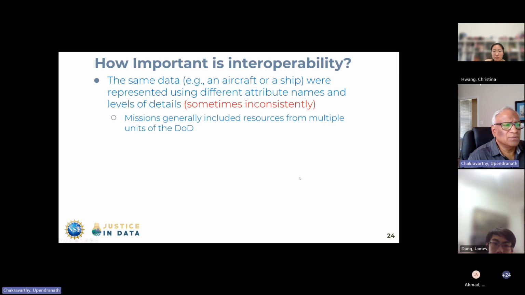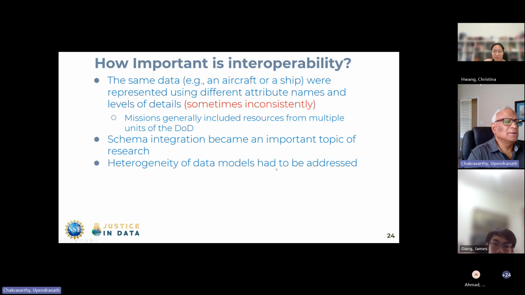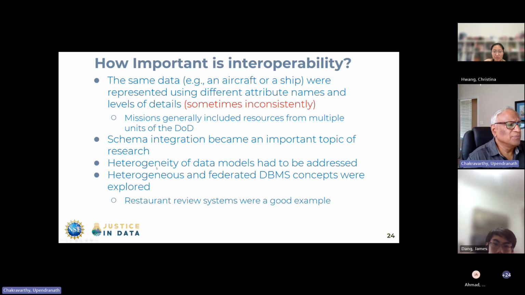The same data was misinterpreted many times, but represented using different attributes and levels of detail, sometimes inconsistently. Missions that are created in the DoD include resources from multiple units. So schema integration became very important. Dealing with heterogeneity became very important.